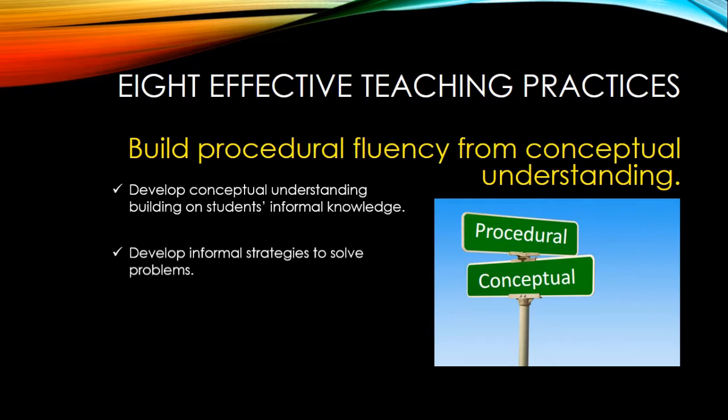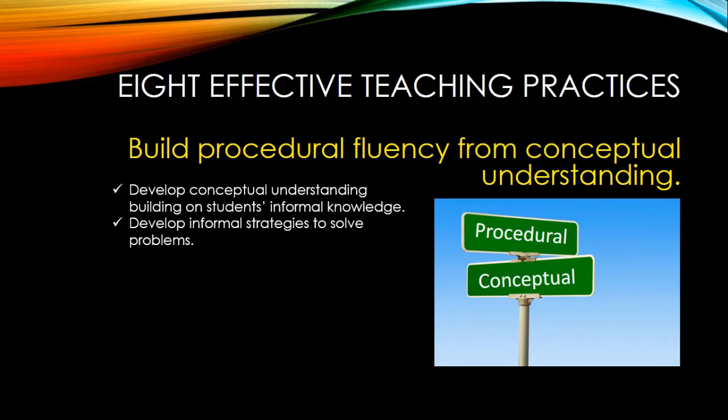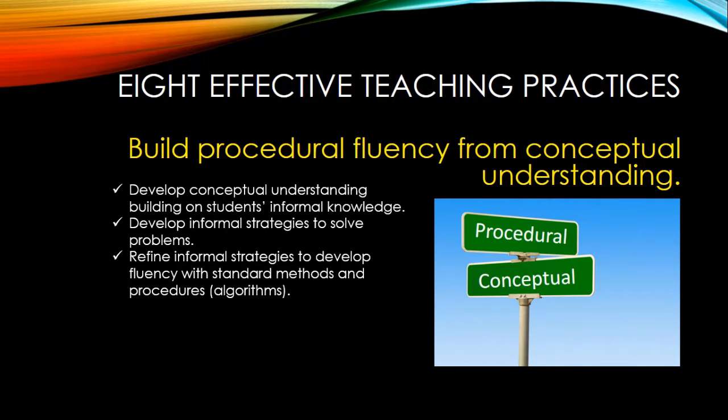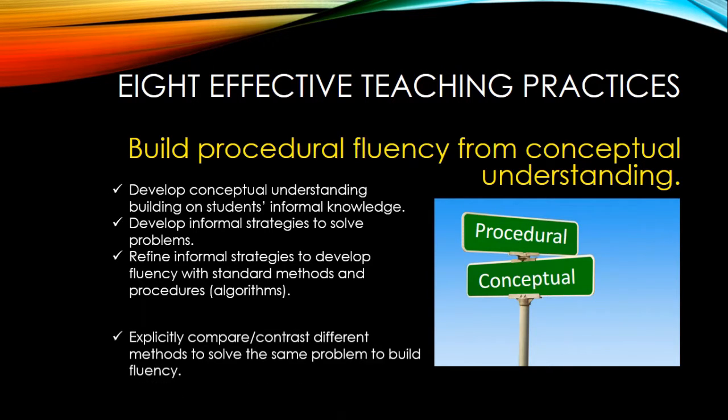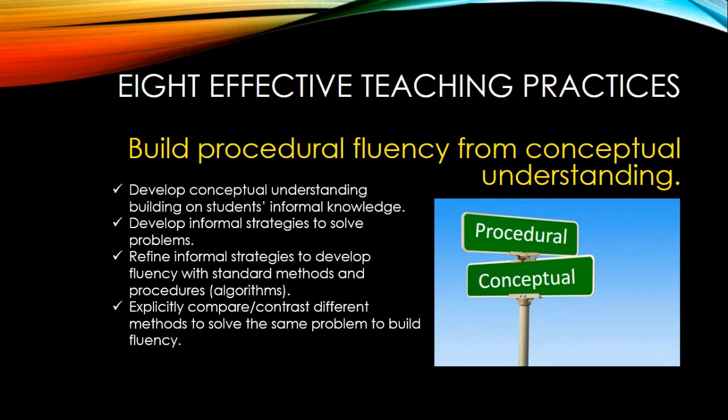Then we give them opportunities to develop informal strategies to solve problems. This is where they can use their own mathematical understandings and their own strategies. The next activities would help students refine those informal strategies to develop fluency with the standard methods and procedures. It's also important to give students opportunities to compare and contrast different methods to solve the same problem.